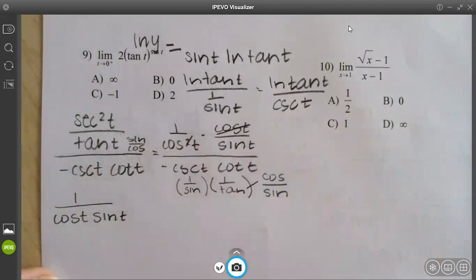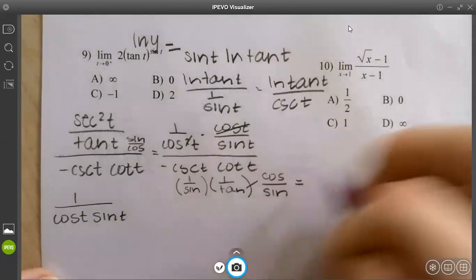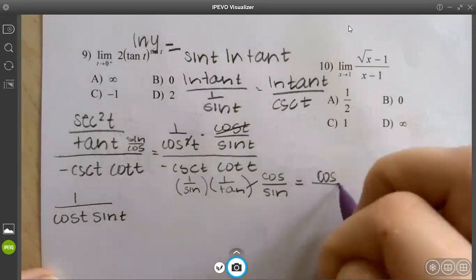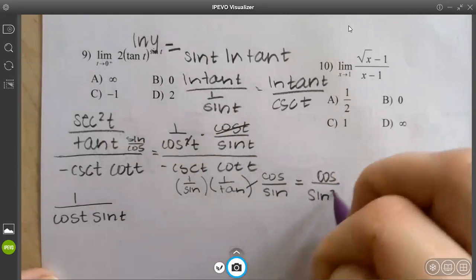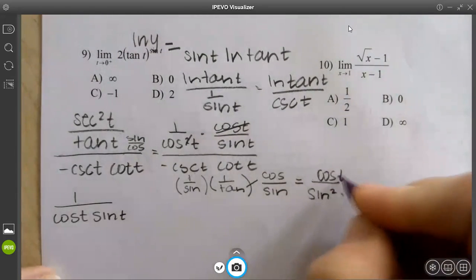All right, so on the bottom, and I'm not going to use a bunch of room over here. It's a really quick problem. This whole bottom would be cosine over sine squared t.